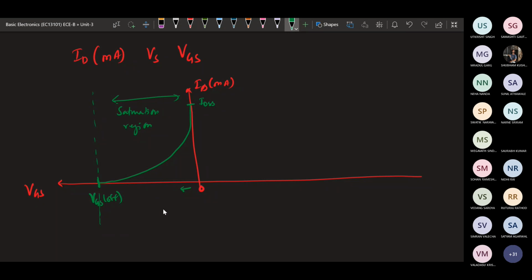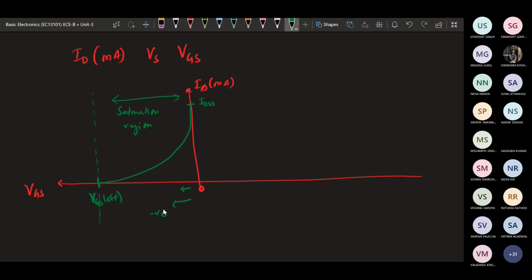After that, as we increase the VGS in the negative direction, the ID curve is going to reduce. Initially it is 0, then it goes in negative direction, so the current is decreasing further. Okay, so this is your transfer curve.